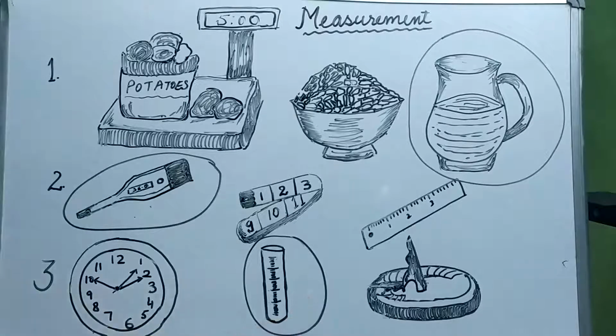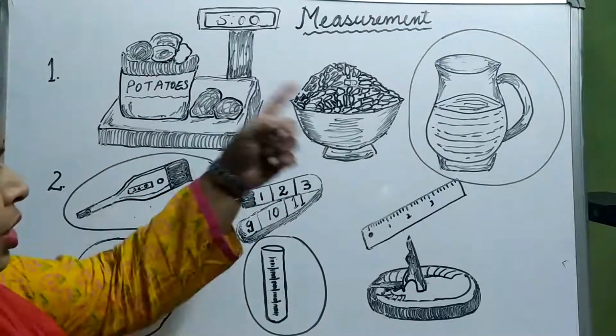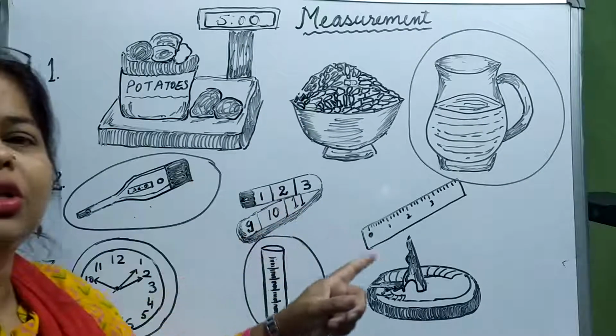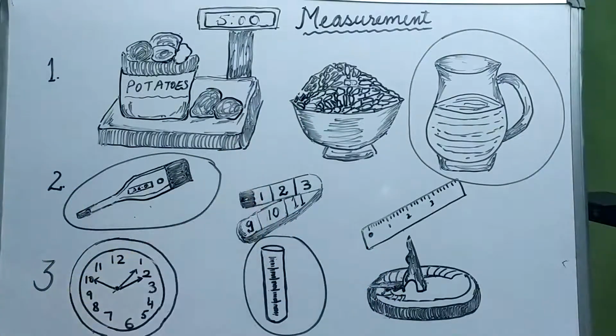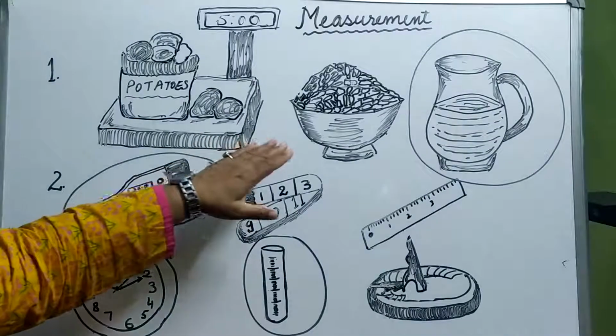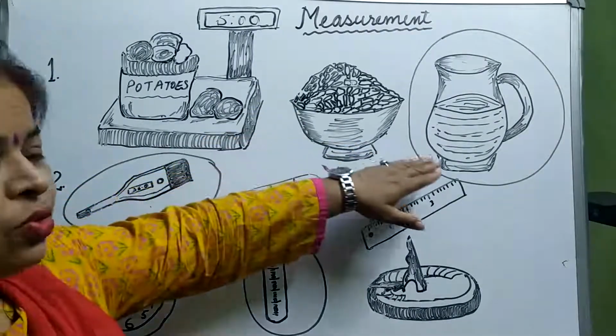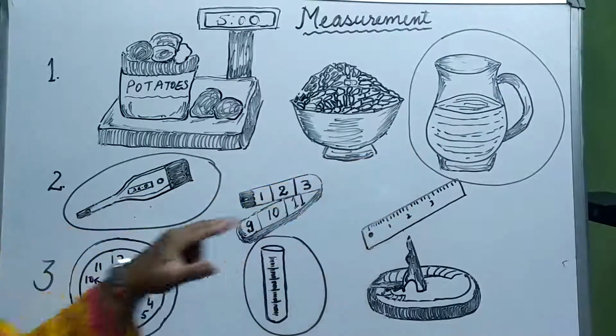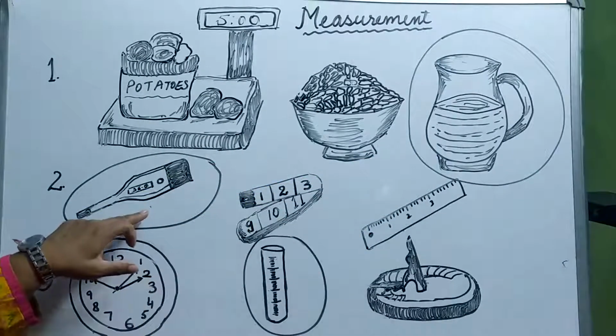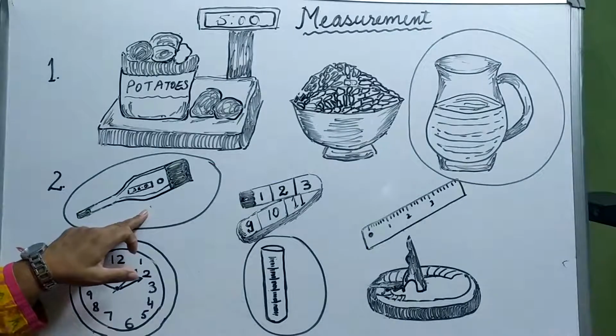So this is how we find out that though all the things are measuring something or the other, here we are talking about different substances. In the first one, the odd one out is the liquid in the jug. In the second row, the digital thermometer is the device used to measure the temperature.